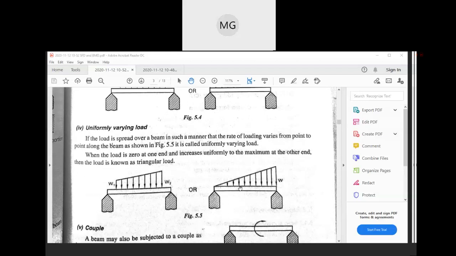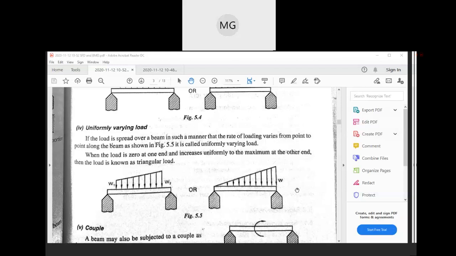Next, uniformly varying load. Here you can see, suppose at the left end it is 0, and at a constant rate it is increasing. At the right end, the magnitude is W. At a constant rate it may increase or decrease.